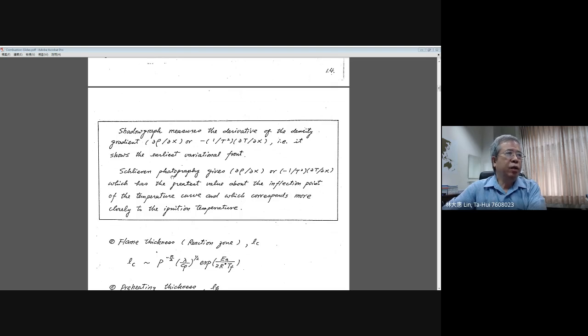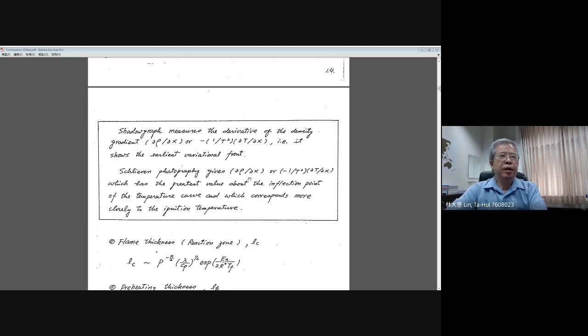In general, shadow graph. Maybe I should say the schlieren photograph first. The schlieren photographs, by using some optical techniques, will show you the image of a given premixed flame. Usually they reflect the density gradient, the first derivative with respect to the density of your flow, or you can convert to the temperature gradient, because premixed flames are gaseous mixtures, right?